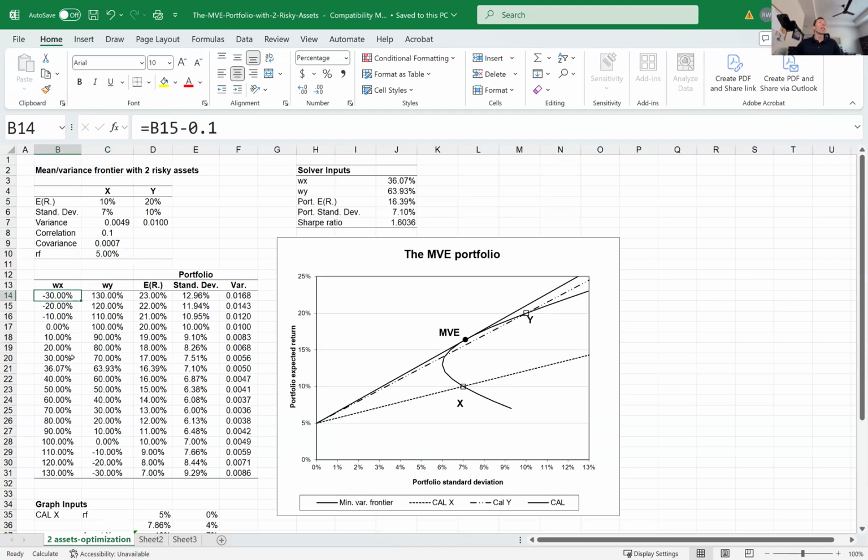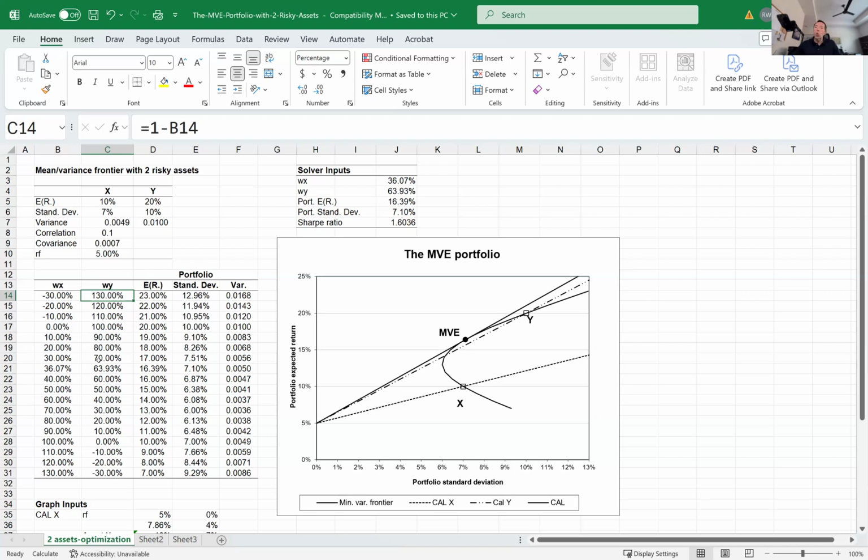So we're seeing here if we have a negative weight of 30% on X, then 1 minus negative 30% means the weight on Y is 130%. So what does that mean to have a weight of 130% on Y and a weight on X of negative 30%?